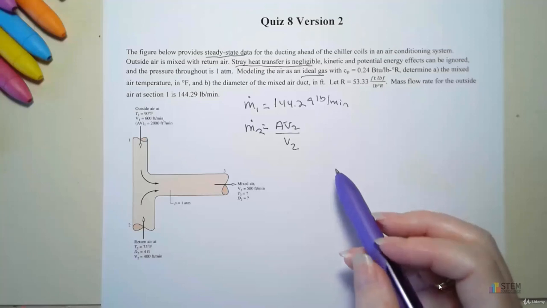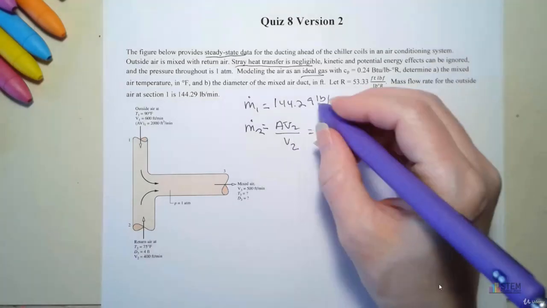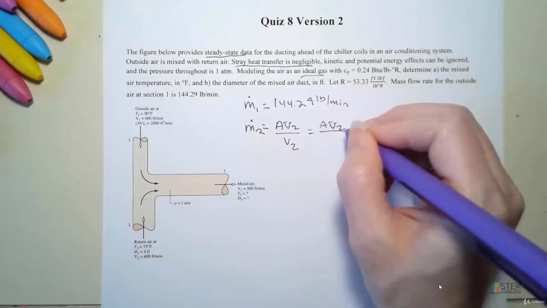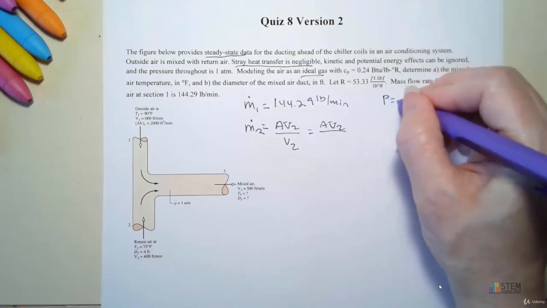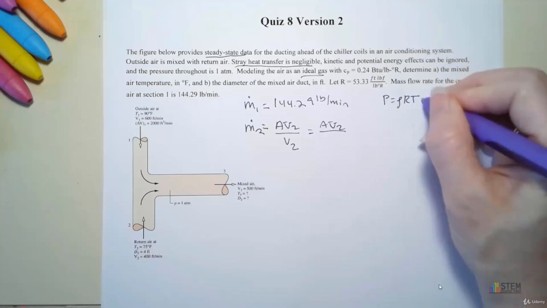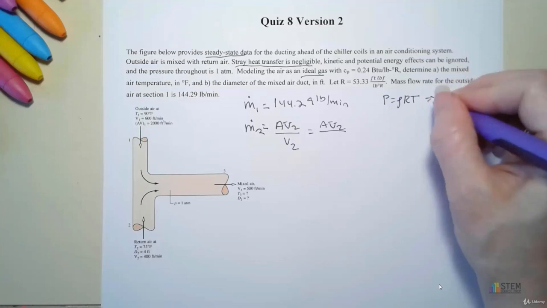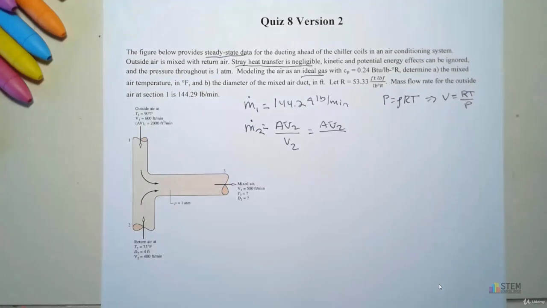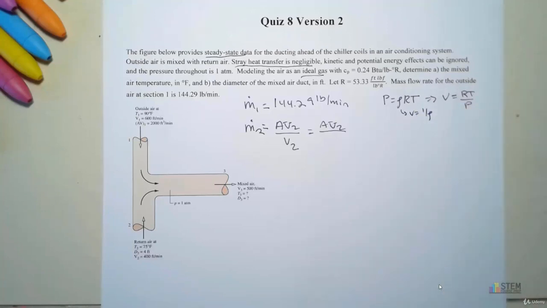So what we could do is say that this is equivalent to A times V2, and then in the denominator, since pressure equals rho RT, and we know that 1 over rho is v, then we could write that v is RT over P. So you just reorganize this to solve for v.